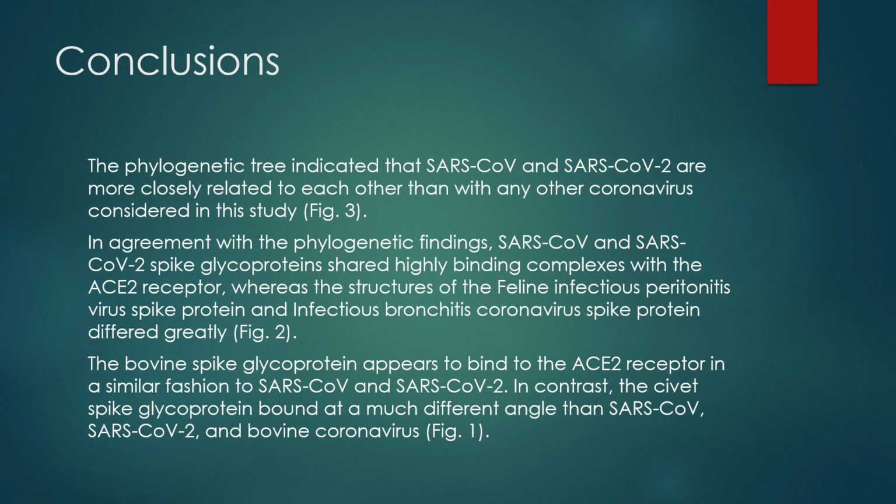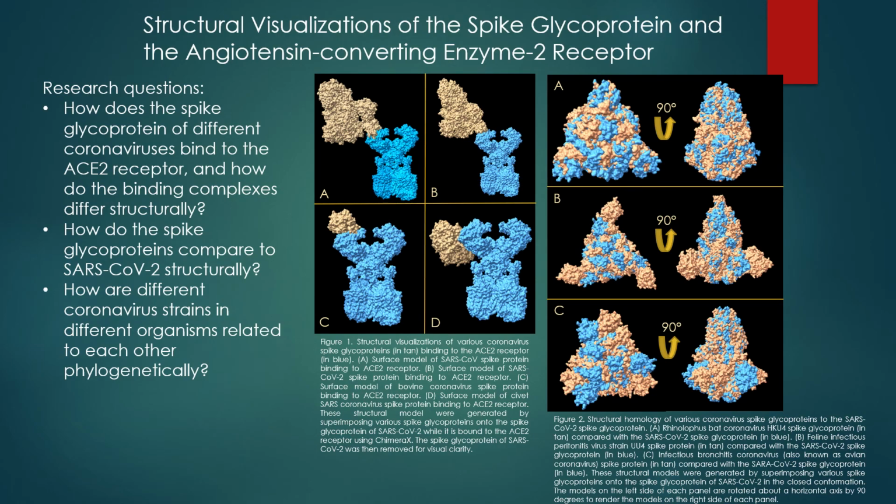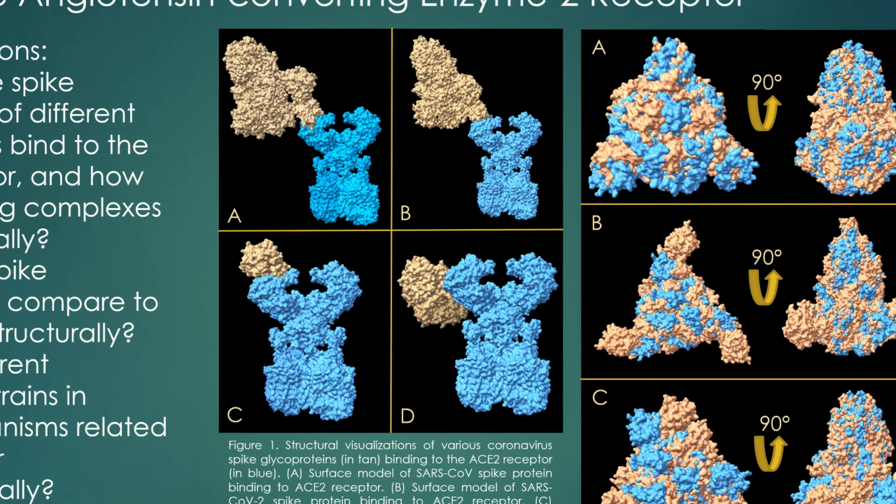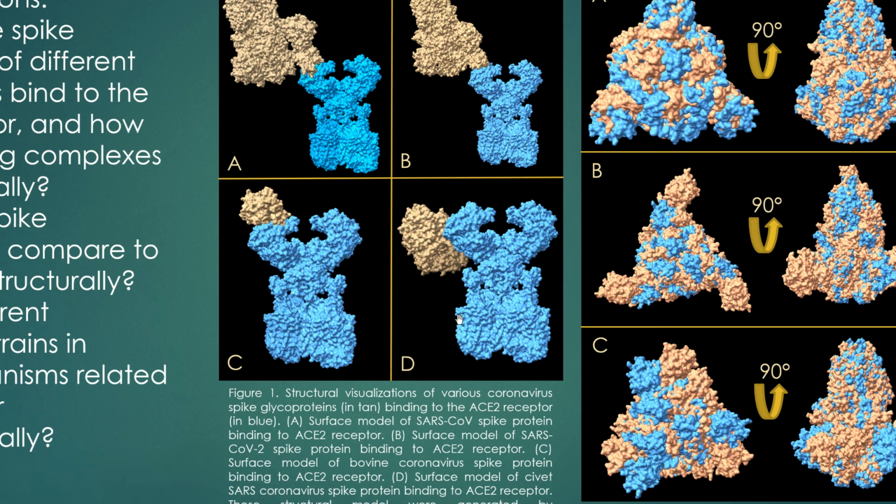In contrast, though, the civet spike glycoprotein bound at a much different angle than the SARS-CoV-1 and 2 and bovine coronavirus. So that statement refers to figure 1. I'm basically summarizing what I already said earlier, that these two bind in a similar fashion to A and B. However, C looks more similar to A and B than D does.